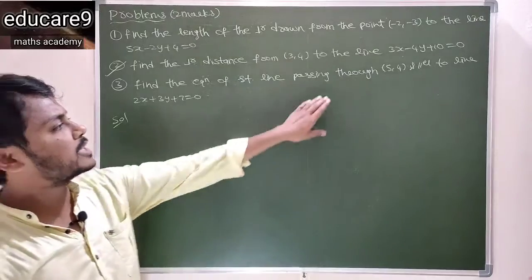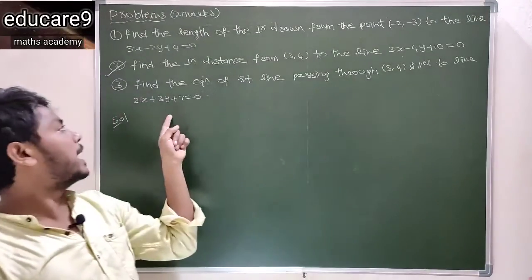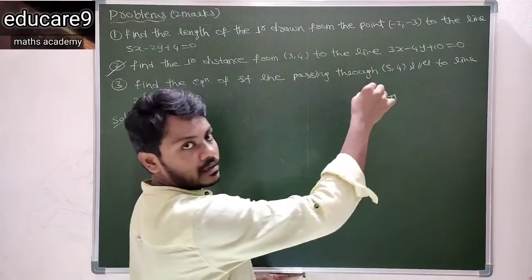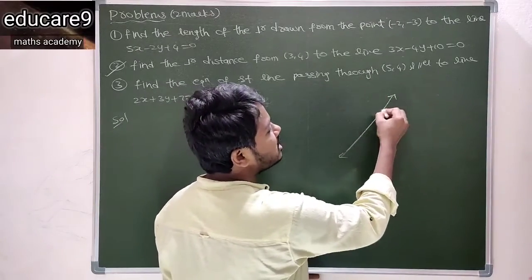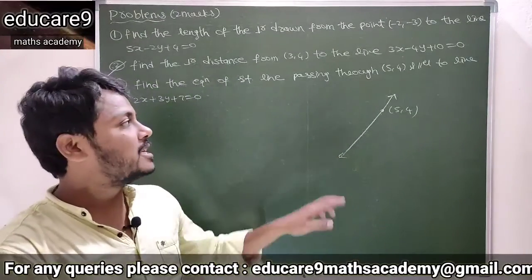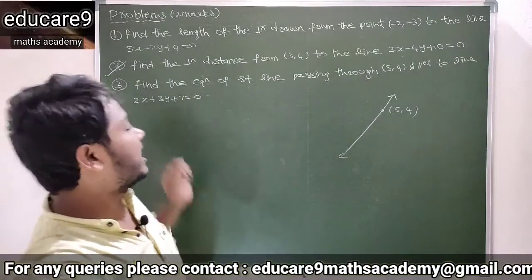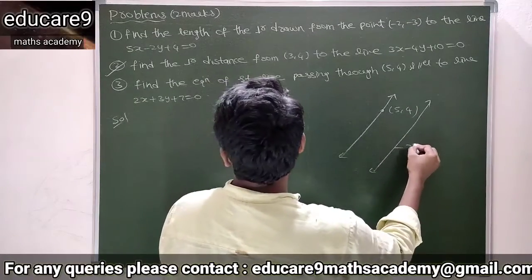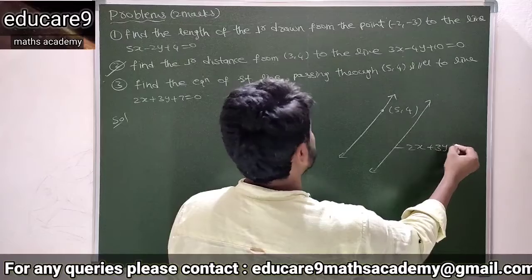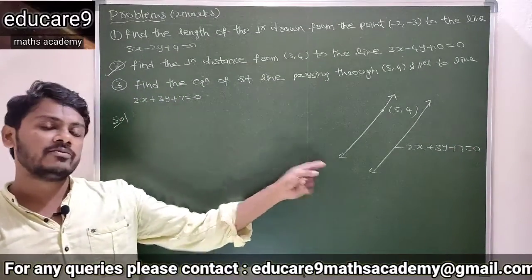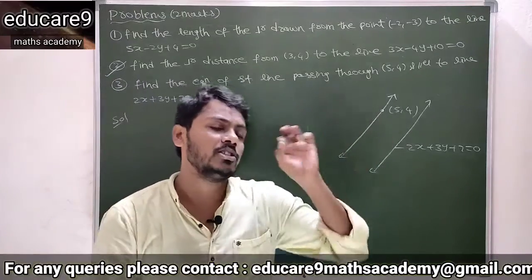Find the equation of the straight line passing through the point and parallel to the line. You need to find the equation of this line. It is passing through the point (5, 4) and is parallel to the line 2x + 3y + 7 = 0.